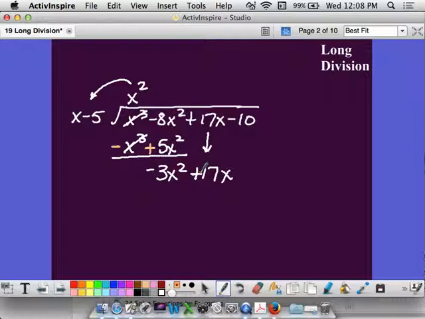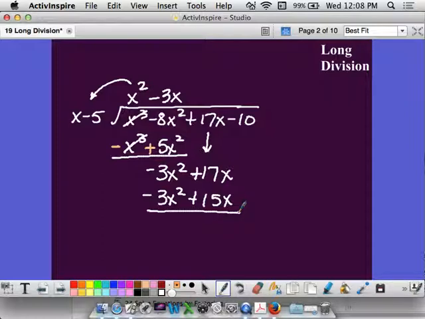And we start over. What times x will give us negative 3x squared? I want the very same term. So negative 3x, when I multiply, will give us that negative 3x squared. So let's multiply. Negative 3x times x is negative 3x squared. Negative 3x times negative 5 is a positive 15x.